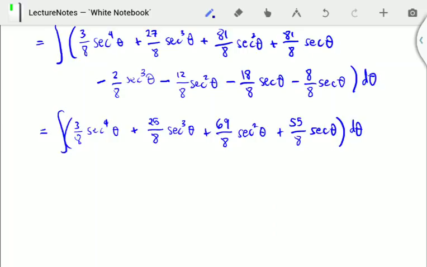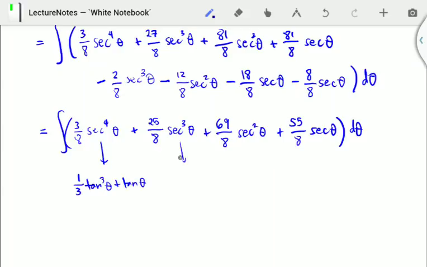And of course, this is where the previous video comes in, because in my previous video, we've been integrating powers of sec. So if you haven't seen my previous video, go check it out. It shows you exactly how to integrate sec to the fourth. What's the integral of sec to the fourth? It's 1/3 tan cube theta plus tan theta.